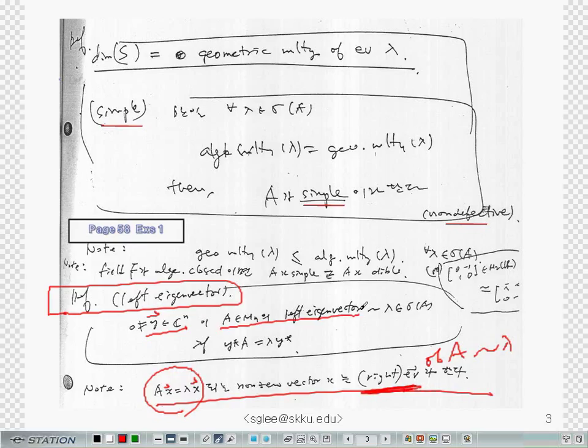Y is called a left eigenvector corresponding to the eigenvalue lambda of A if Y star A is equal to lambda Y star. So we generalize the concept of eigenvector from right to left. If we multiply Y here and Y star here and here, and delete this, that's the definition of left eigenvector.